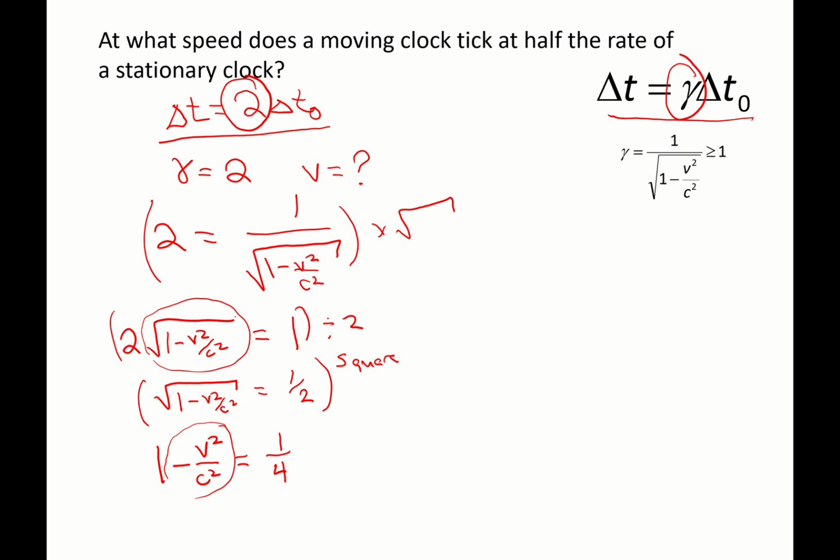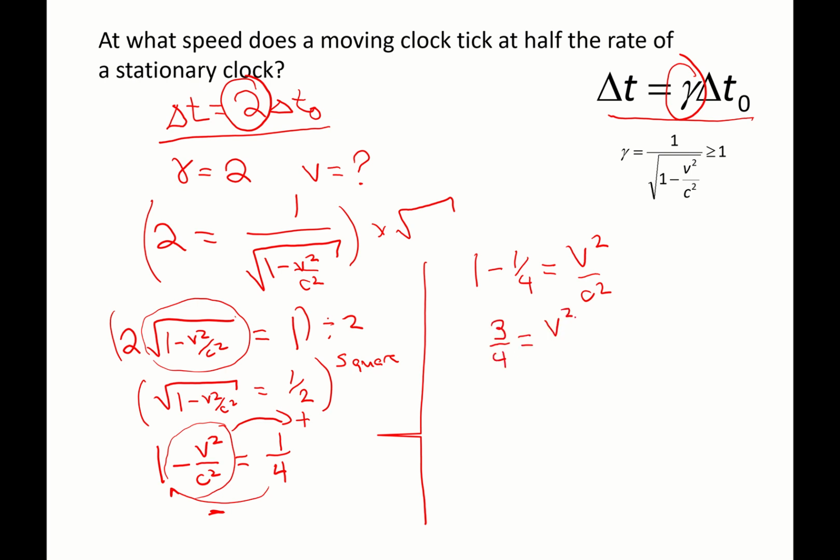So I'm going to bring the 1/4 subtracted over onto the left-hand side, and I'm going to add the v squared over c squared to the right-hand side. So I move over to the other side of my screen. So I've got 1 minus 1/4 is equal to v squared over c squared. So 1 minus 1/4 is 3/4, which is equal to v squared over c squared. We're almost there, so let's get that c squared over to the other side. So v squared is 3/4 of c squared.